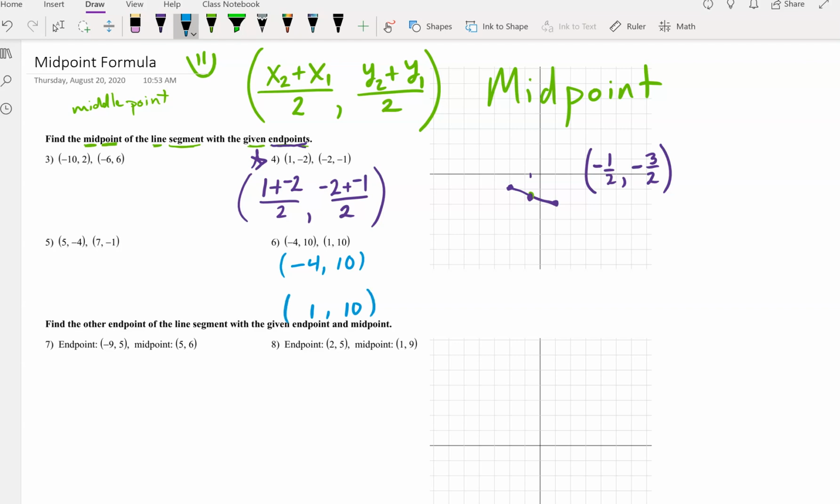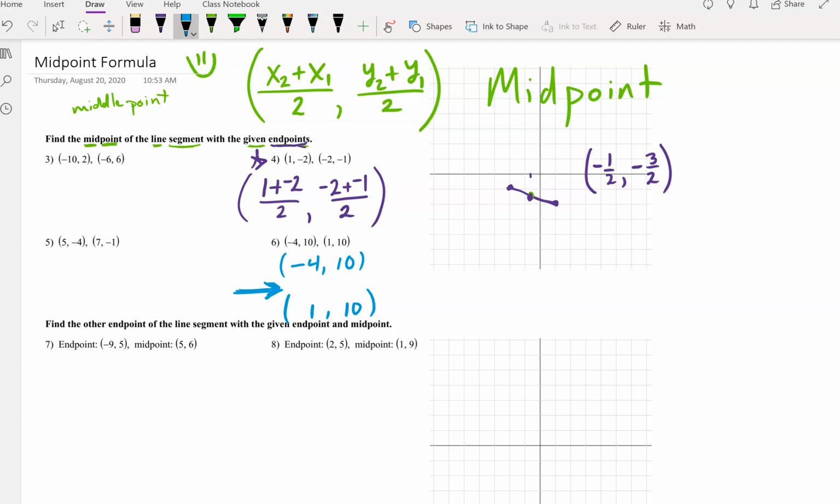Okay. And I'm looking for this average in between. If you have these in columns up and down right here, it makes them easy to add and then divide by 2.